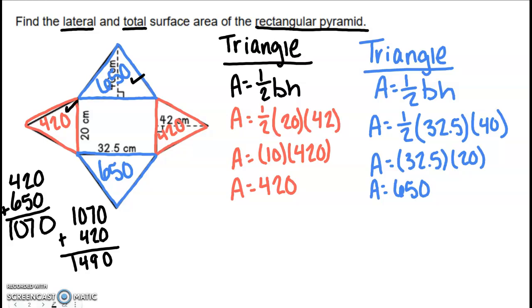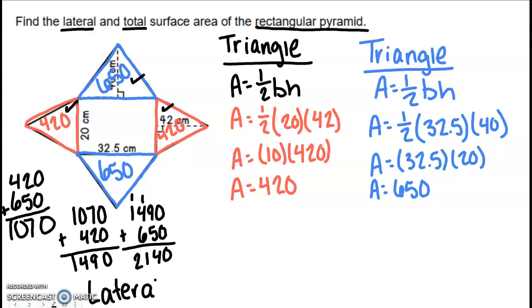I get 1,490. And then I have one more 650 to add to that. And I get 2,140. So the lateral surface area is 2,140 centimeters squared.